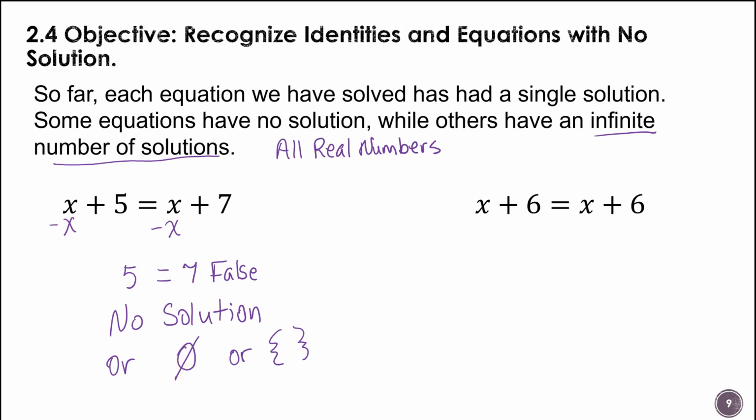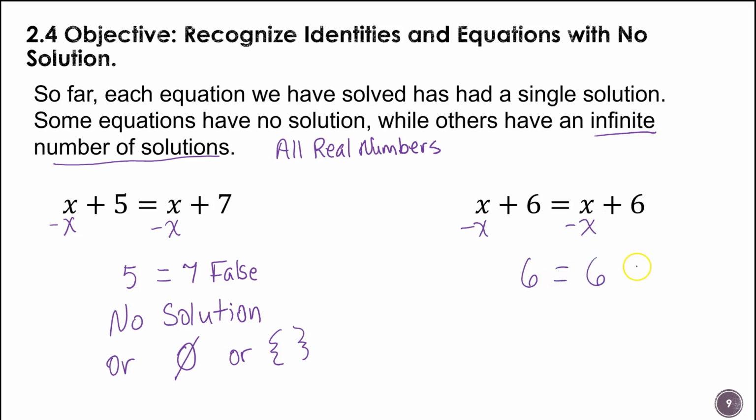All right, so let's look at this other one. I hope you can see this. If you just take a minute and think about it, no matter what I put in for x, I'm going to get the same thing on both sides. Say I put 3 in for x, well, I'm going to get 9 on both sides. And any number I choose to substitute is going to give me the same thing. If you subtract the x's, they're gone, right?